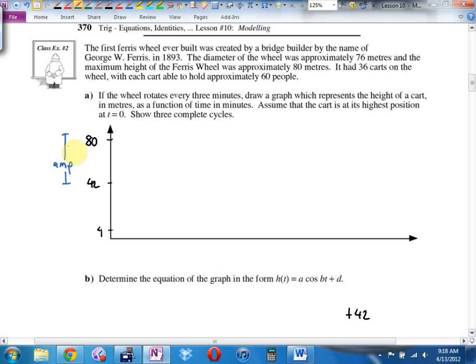What's the amplitude? So h of t equals, there's going to be a 38 in the front. Often, if this is a multiple choice question, you might be done, because there may be only one equation that has a 38 in the front and a 42 on the end. Then quit. We're not done, because they want the full equation.